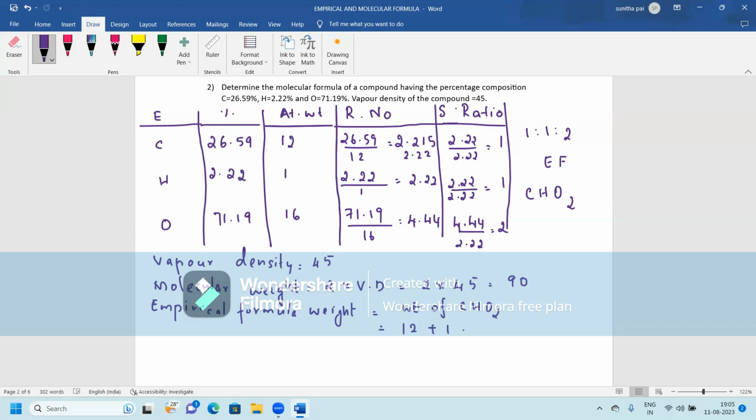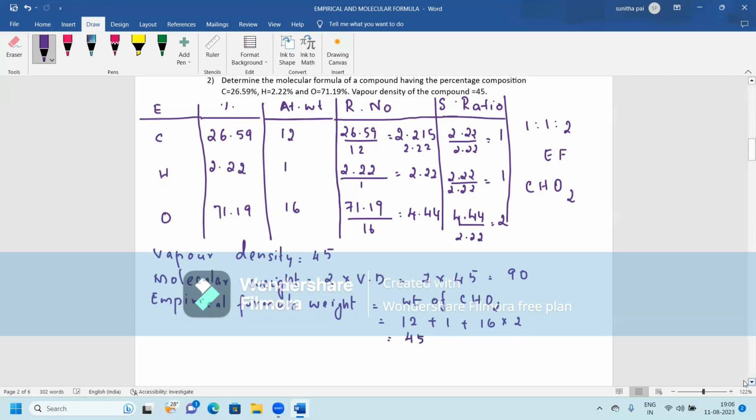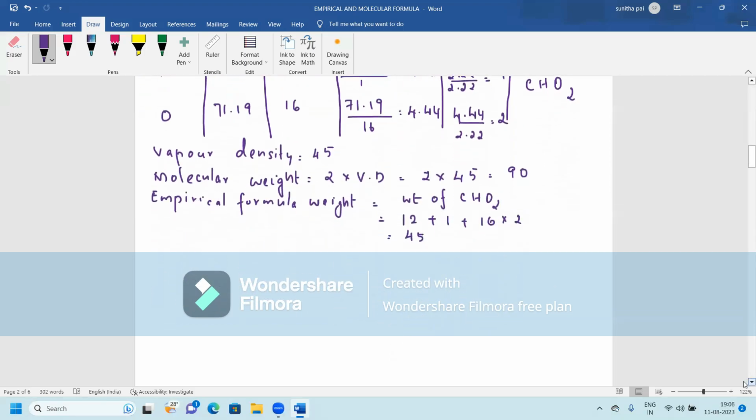Hydrogen's atomic weight is 1. Oxygen's atomic weight is 16. But you have 2 atoms of oxygen. So add them now. 12 plus 1, 13. 13 plus 16 into 2, that is 32. So that gives you 45. Empirical formula weight now is 45.